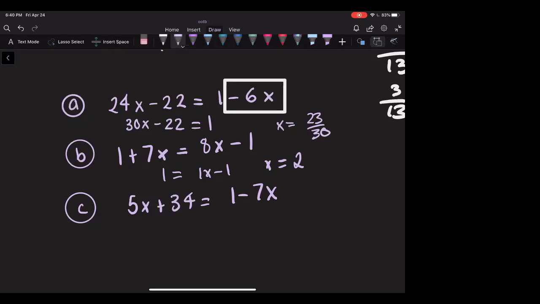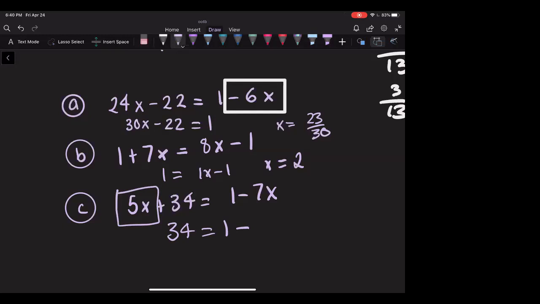Could you write this? Yes, for sure. The last one, the 2x one? Yeah. So first it's going to be 30 plus 30, 34 equals minus 1 minus 2x. Is this 5x positive or negative? Positive.